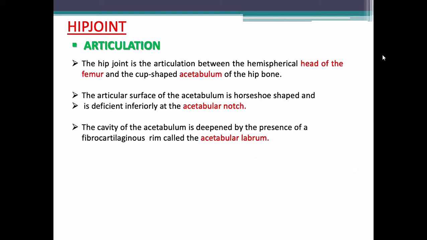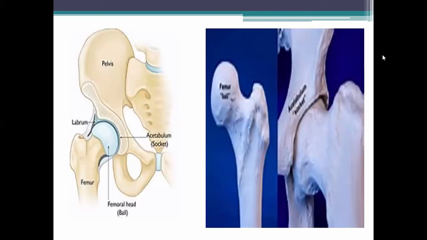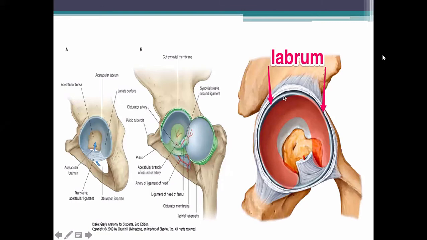The cavity of the acetabulum is deepened by the presence of the fibrocartilaginous rim called the acetabular labrum. This is the acetabular labrum, which deepens the acetabulum.